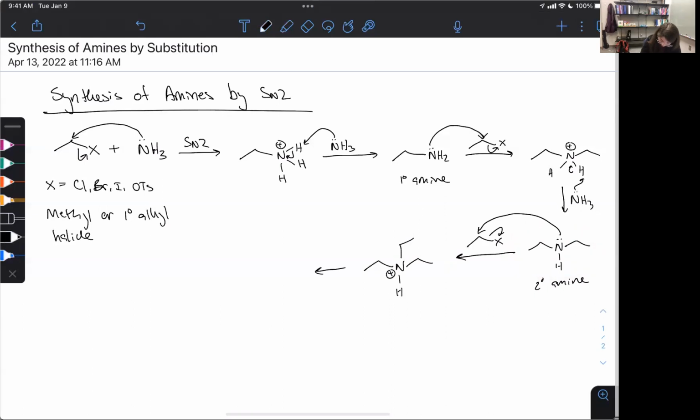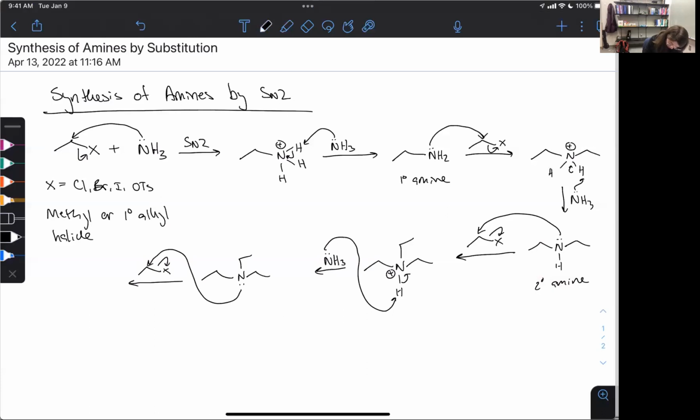We can do another acid base. Got our lone pair back, and we can do it again. That's what's so nightmarish about this process.